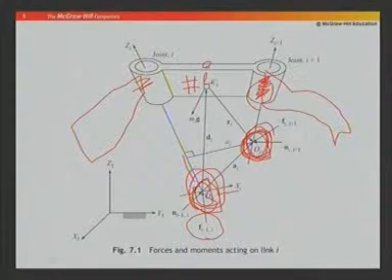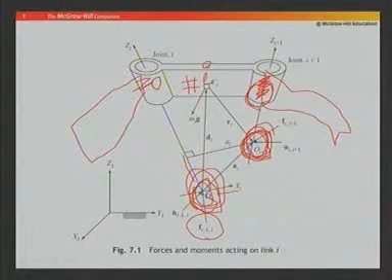In many practical cases, they may be sitting where I have shown. So, OI plus 1 may be sitting here itself, OI minus 1 may be sitting here, as you have seen in many of our examples.